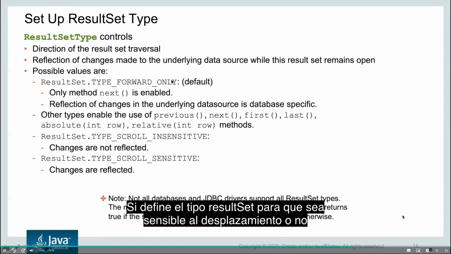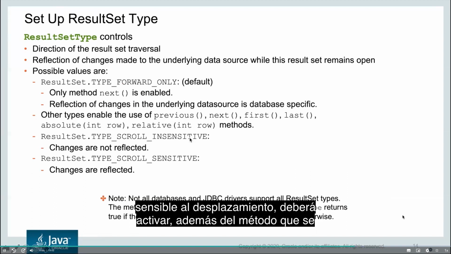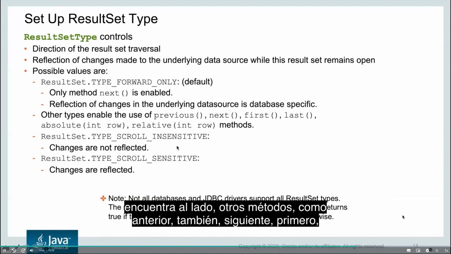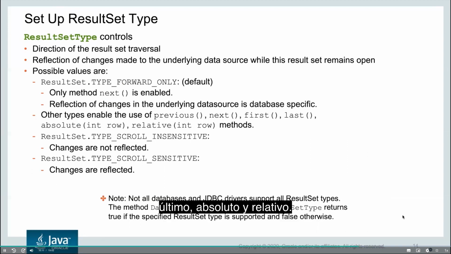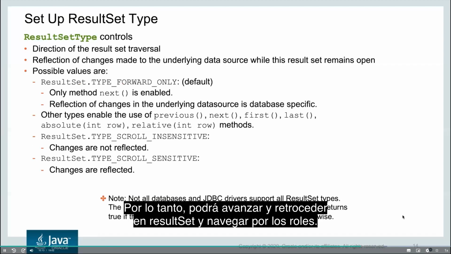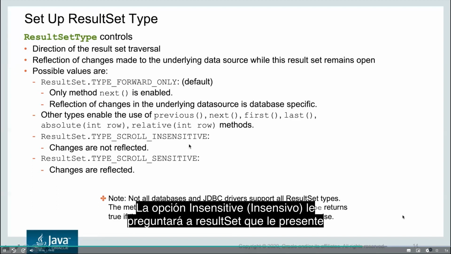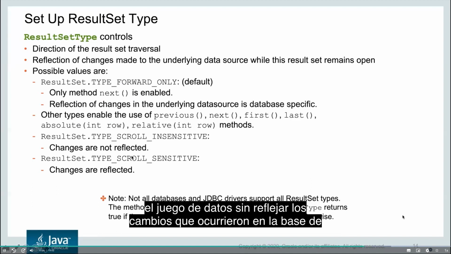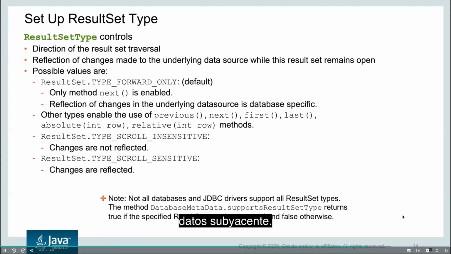If you set the result set type to be scroll insensitive or scroll sensitive, then you enable, in addition to method next, other methods such as previous, first, last, absolute, and relative. So you'll be able to go forward and backward in that result set and navigate around rows. Insensitive option will basically ask the result set to present you the data set without reflecting changes that were occurring in the underlying database.